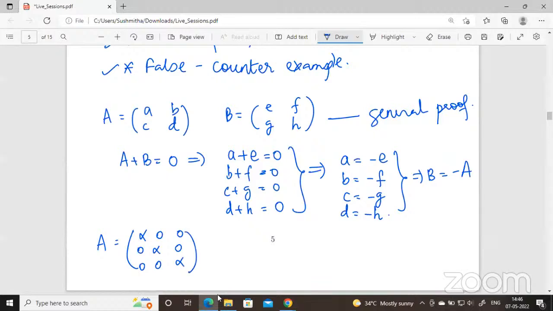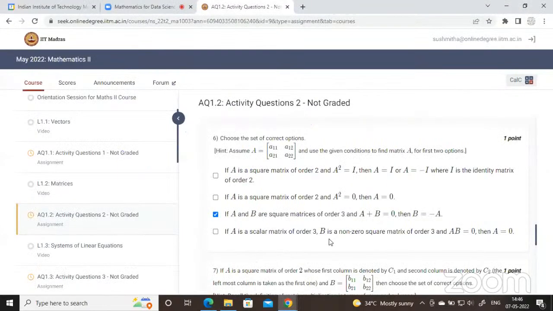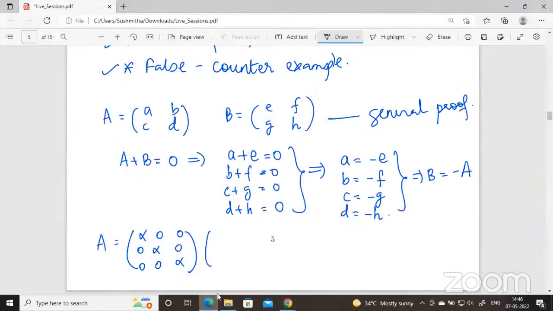Yes. And now we are saying that when I multiply it with any non-zero square matrix. When do you say something is non-zero? None of the entries should be 0. No, not none of the entries. At least one. At least one. Yeah. A matrix is non-zero if it is not the zero matrix.